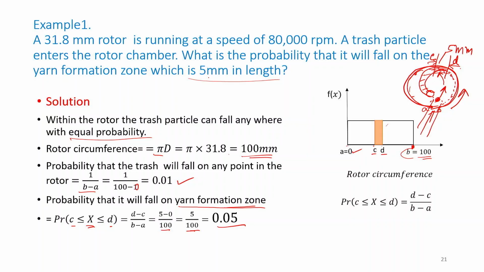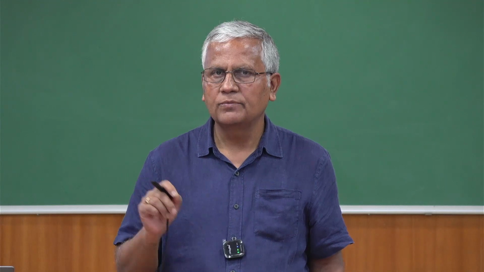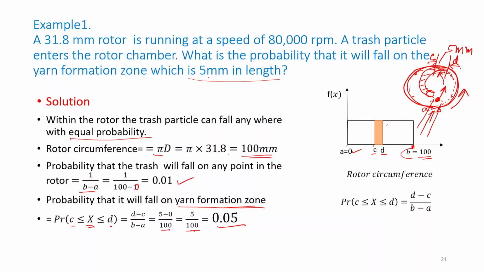Anyway, that is the consequence of a trash particle getting inside the rotor and disturbing the spinning process. However, the probability of the particle falling exactly in between the C and D points, or at the yarn formation point, is 0.05. This is how we can calculate.